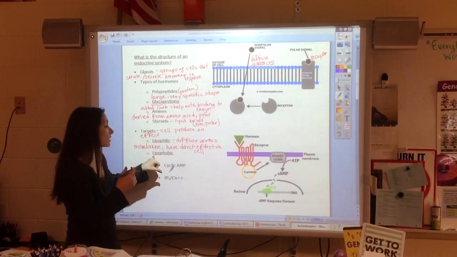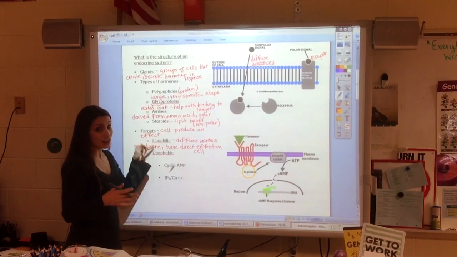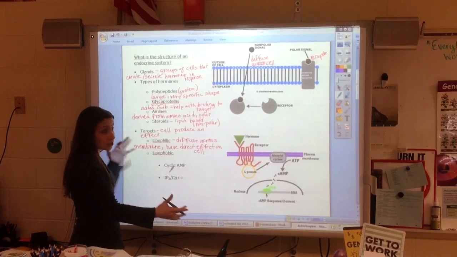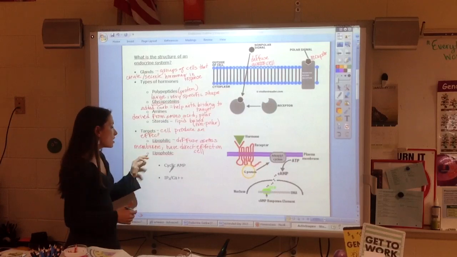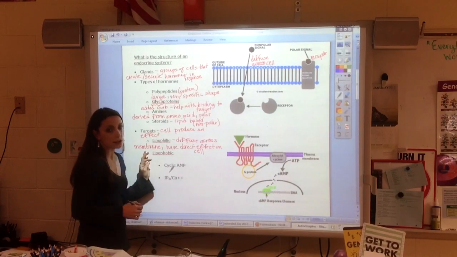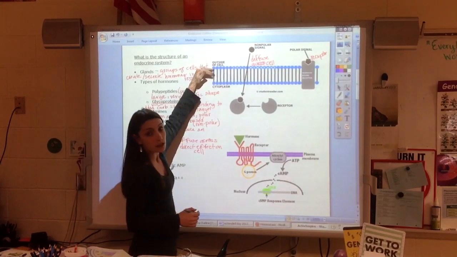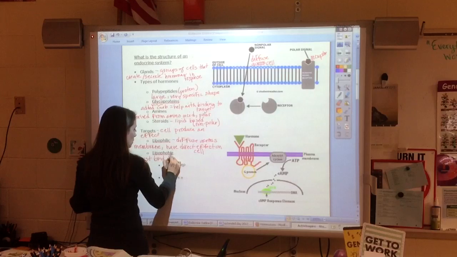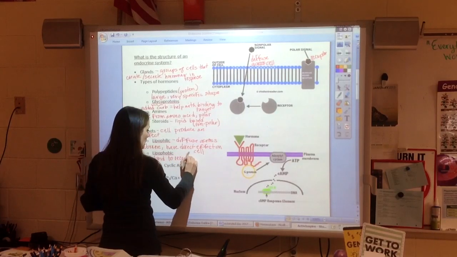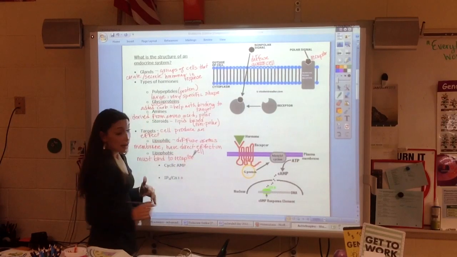If we're looking at a lipophobic, which is a hydrophilic, which is a polar, going back to your biochem, lipophobic molecules are not going to be able to cross the phospholipid bilayer. Lipophobic molecules must bind to a receptor. Now they can have an action.